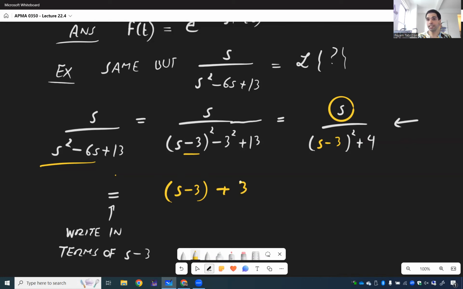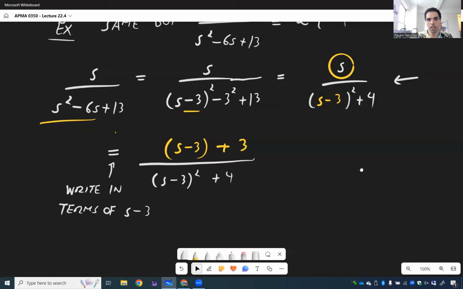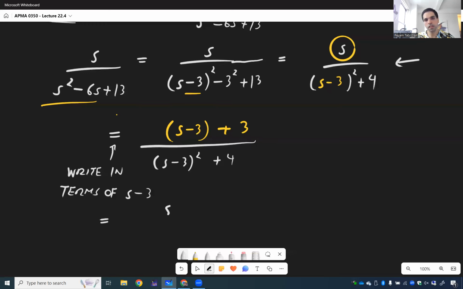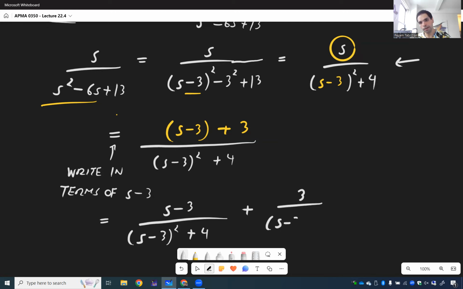So you see, with this trick of replacing s by s minus 3 plus 3, you can really write s in terms of any shift. So we have s minus 3 squared plus 4. And now split this up. So this becomes s minus 3 over s minus 3 squared plus 4, plus 3 over s minus 3 squared plus 4.